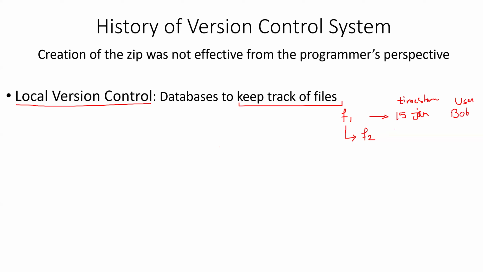Let's say this change occurred on 17th January, and the user was Alan. So they are storing a lot of information about that code. If they require F1, they can pull F1. Now, suppose the new release or the new code that we created is not working as expected, and I want to go back.